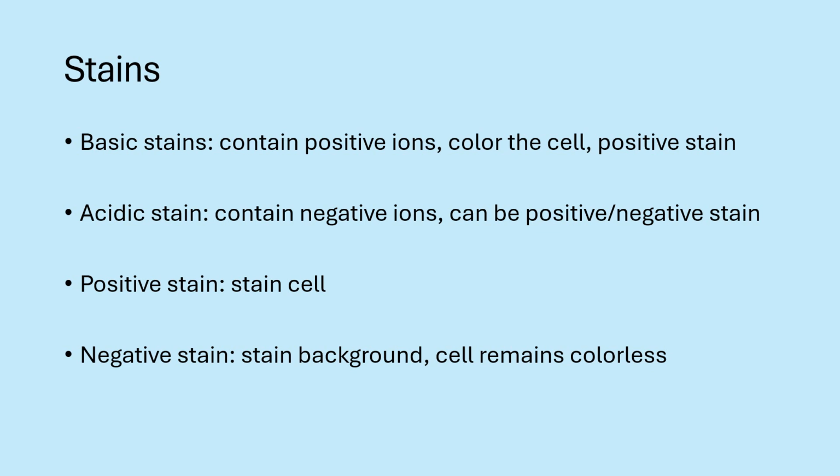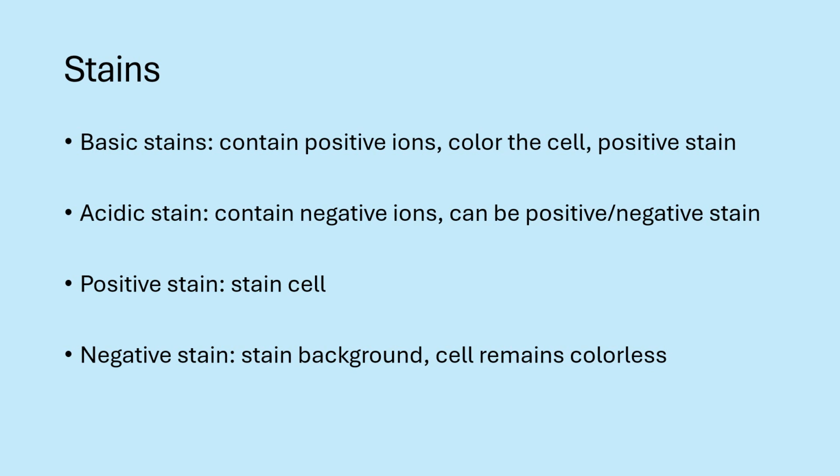As far as the stains, we have different ways of classifying them: basic stains, acidic stains, positive stain, negative stain. Basic stains contain positive ions. The cells usually are negatively charged, and so those positive ions are going to be attracted. Opposite charges attract. Bottom line, if the stain has a basic charge to it, the cell is going to be colored.